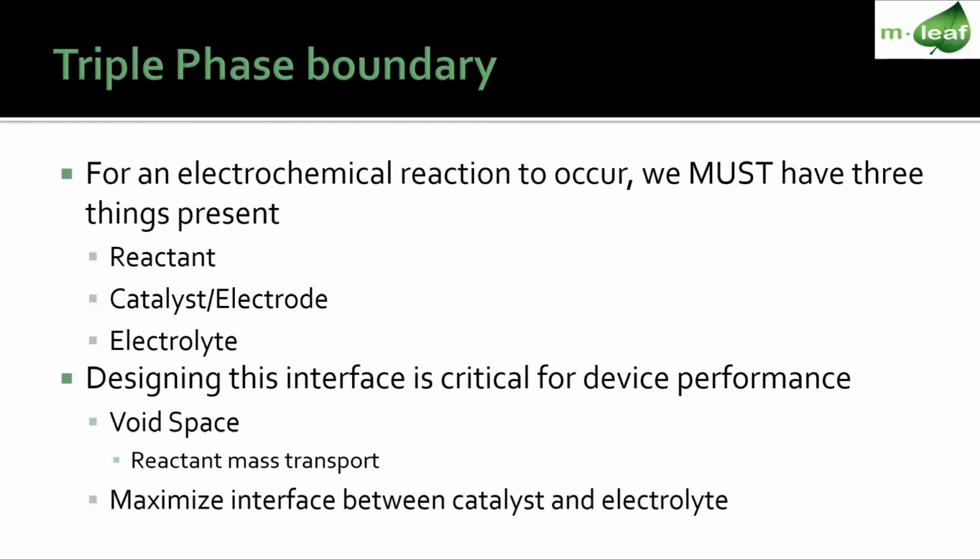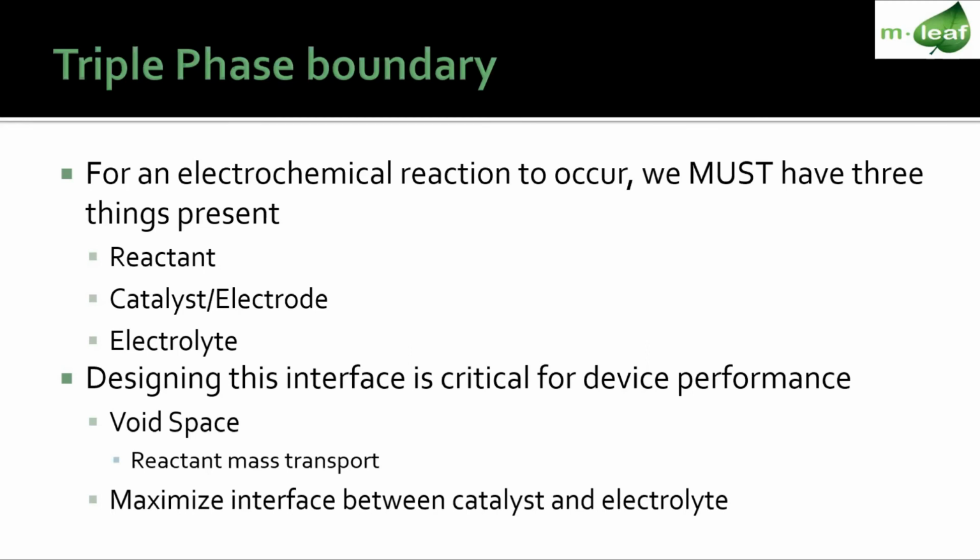Because remember, yes, we have electron transfer, so we need the electrode. We obviously need the reactant there. But remember, completing the circuit also requires the electrolyte, or for ions to move between the cathode and anode in that electrolyte. And so if we have to have all three of those things present, we call this the triple phase boundary. It's also referred to as the electrochemically active surface area.